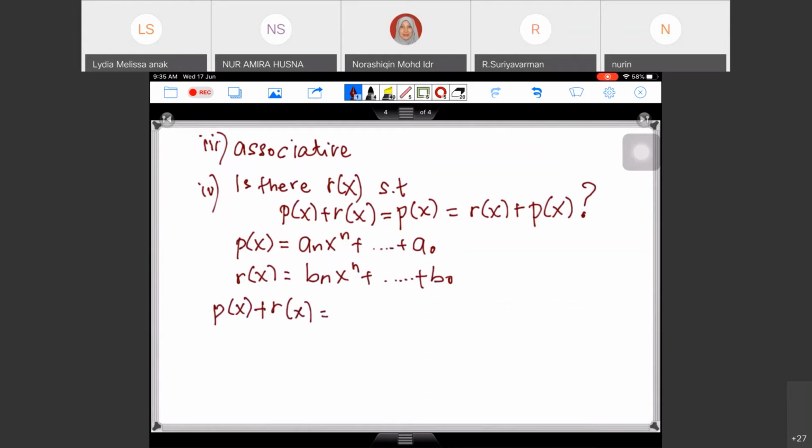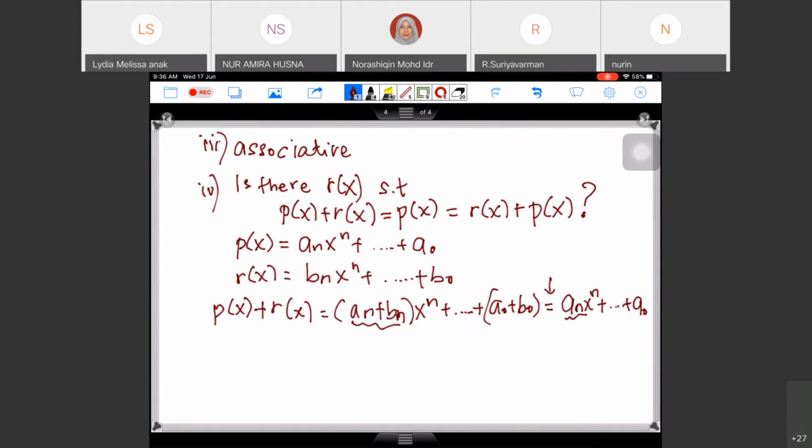It is An plus Bn x to the n plus A naught plus B naught, and this must equal An x to the n plus A naught, which is Px. So can you find what Rx is? For polynomials it's easy, we just equate the coefficients of the same degree.